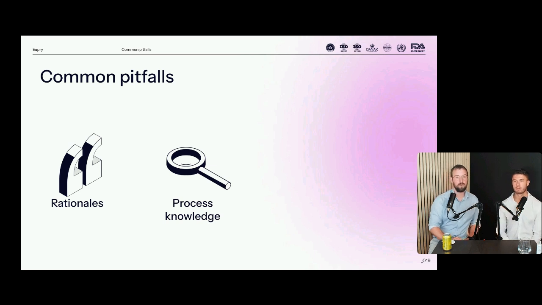And the second one being a lack of understanding of the process. So we touched base on it before. How often do you plan to load and unload goods? How many people are walking in and out of warehouses? How often do you plan to open and close fridges and freezers? You need that information, or at least an assessment of that information, in order to justify your mapping methodology.